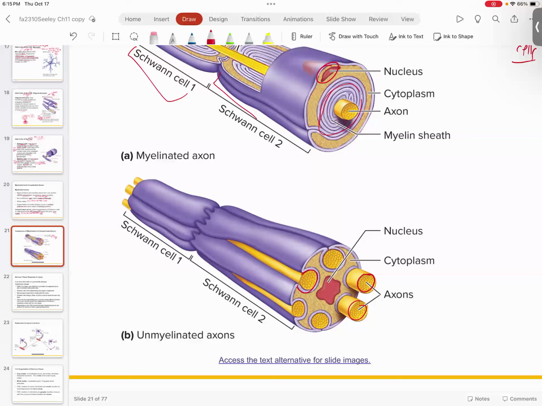And so in both cases, because you have the need to protect the axon, you're going to have a Schwann cell or an oligodendrocyte covering the axon. It's just a matter of how, right? If you have heavy insulation, the myelin sheath, then you're going to have really tight protection and good transmission of that electrical signal. Oftentimes, this is what you want if you need to propagate that signal across large distances.